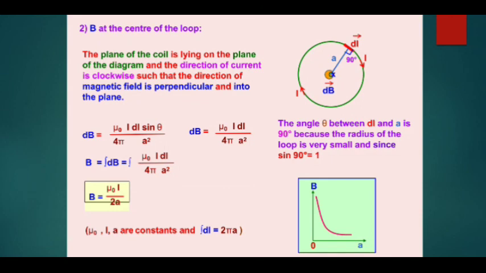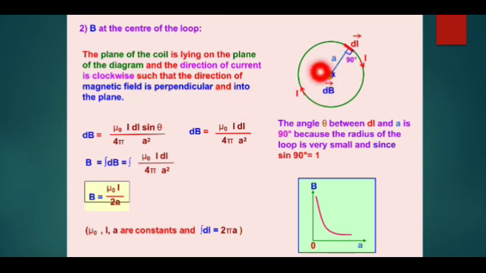For the simplification of the second one, the current loop: suppose the plane of the coil lies on the plane of the diagram and the direction of current is clockwise, such that the magnetic field is perpendicular and into the plane.